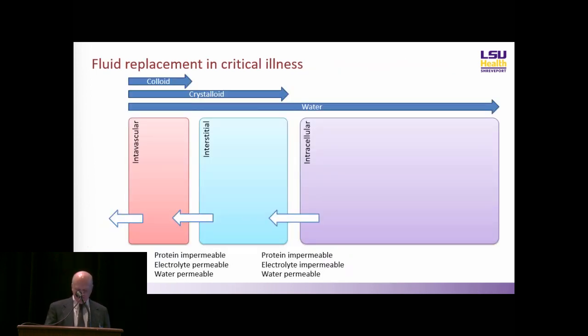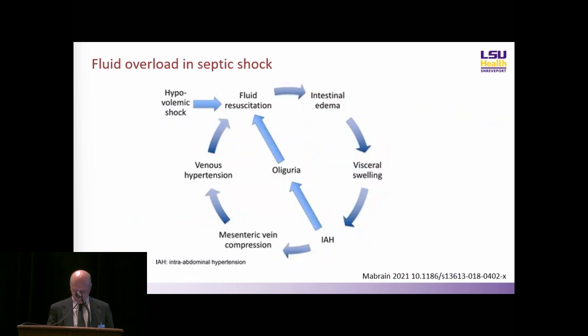How do we replace fluid in critical illness? Well, if your goal is to expand the intravascular space, then you're going to focus more on colloid, which is why we now have the return of FFP and other protein-based fluids to our trauma patients. But crystalloid is going to expand what most patients lose in both the intravascular and interstitial.